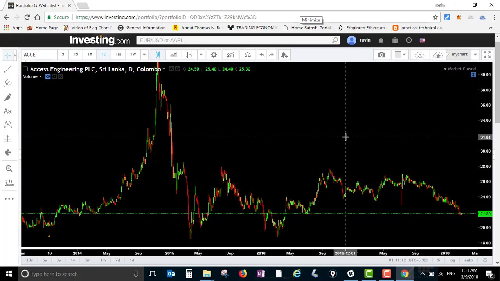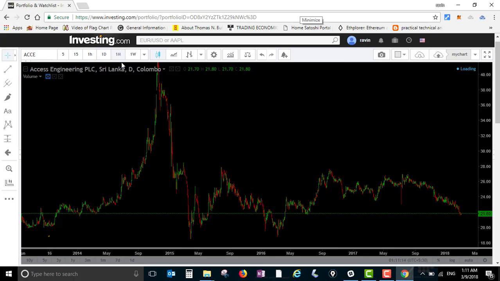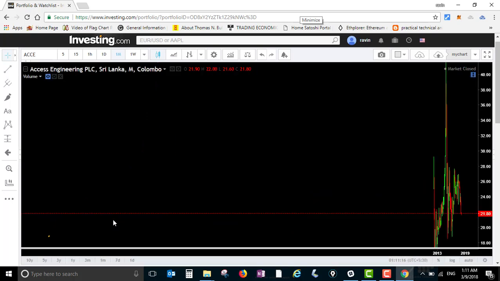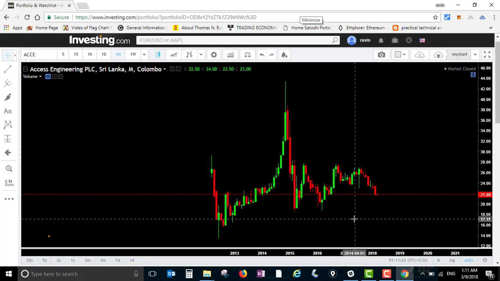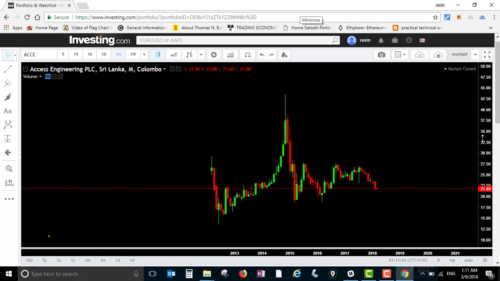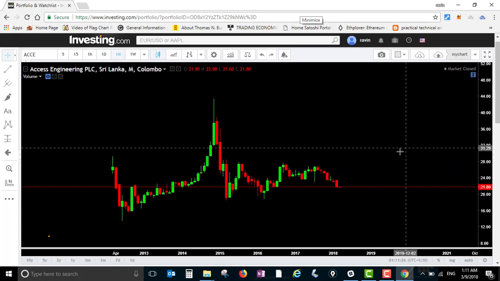So let's go to the 1 month chart and try to analyze the big picture of this chart, Access Engineering PLC.